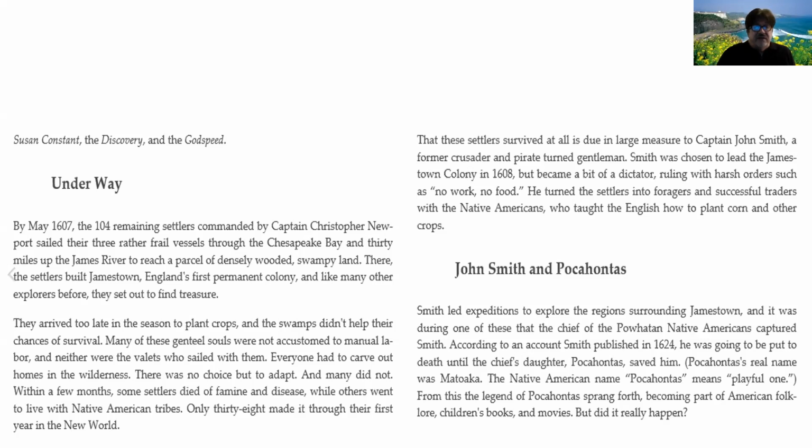And as you see, many of these genteel souls, which means very kind of soft or gentle, were not accustomed to manual labor. And neither were the valets who sailed with them. Everyone had to carve out homes in the wilderness, which is not an easy thing to do.